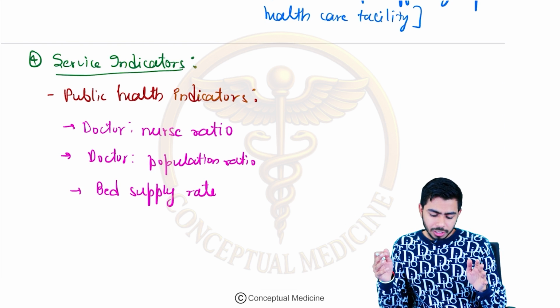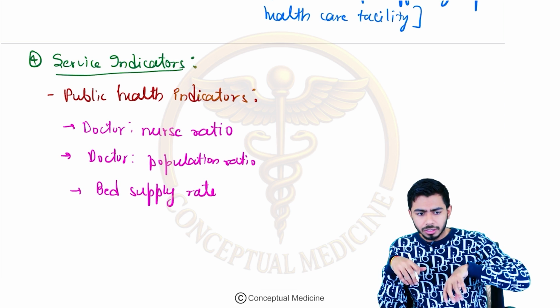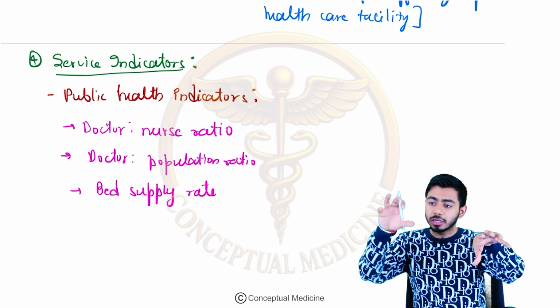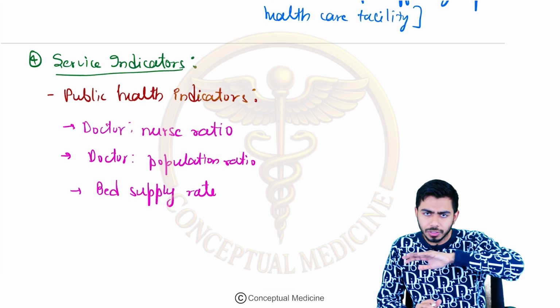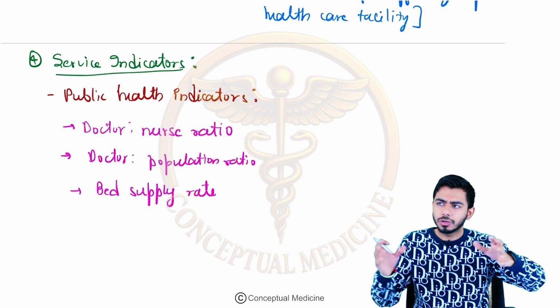So public health indicator is telling you the doctor nurse ratio, doctor population ratio, or let's say health center and the community ratio, right? For example, in one particular society there was a health center. So to that health center, what is the ratio of community?